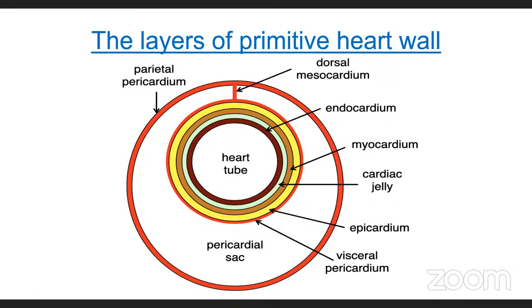The outer layer is the myocardium, and it developed from the cardiac myoblasts. These cardiac myoblasts start secreting a connective tissue or jelly-like substance, which forms between the endocardium and myocardium, which is the cardiac jelly. This is the endocardium and myocardium, and it's in between.